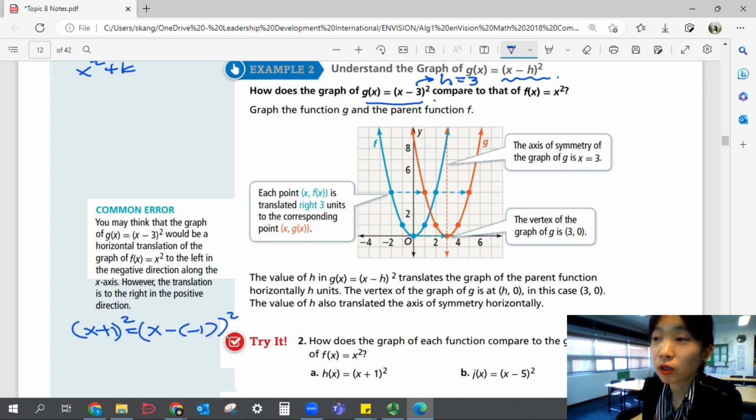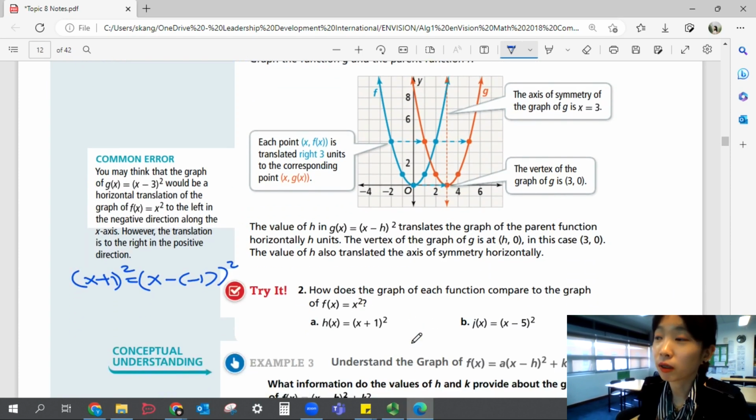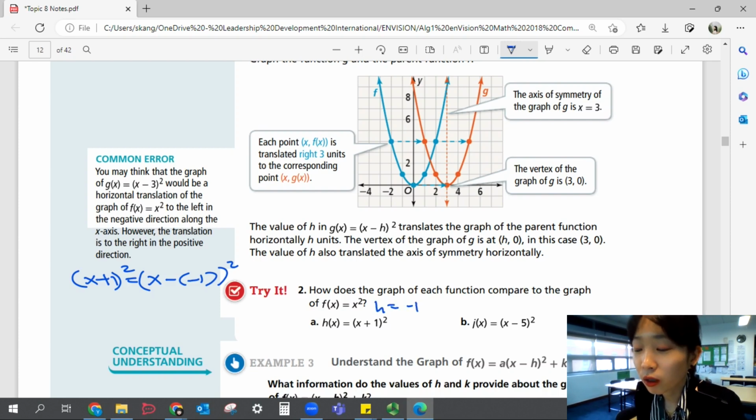Right? So then your h is negative 1 here, right? So how does the graph move? The graph moves 1 unit to the left, okay? This is a horizontal translation. And the vertex and the axis of symmetry are shifted 1 unit left as well.